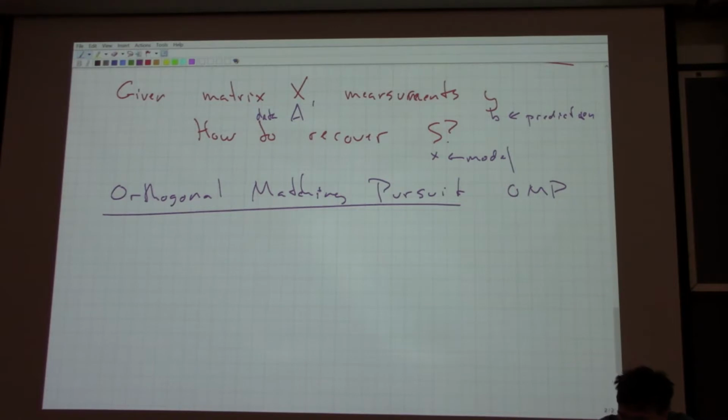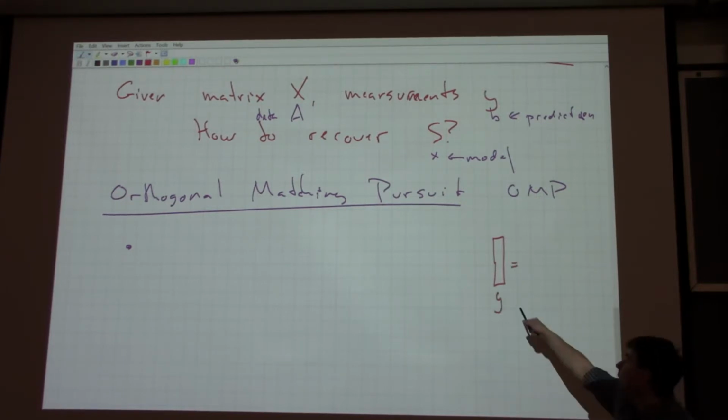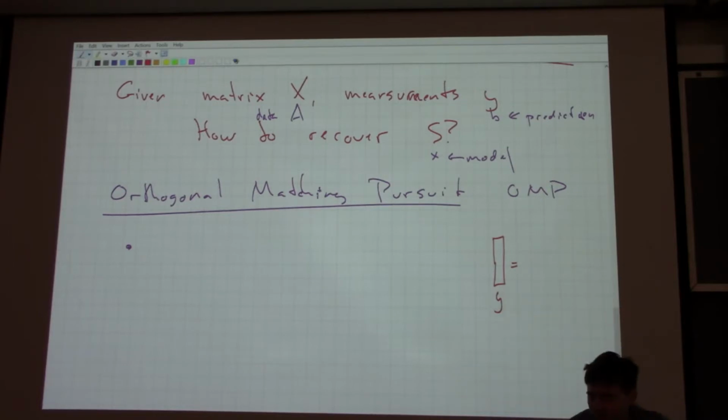So the first step is I'm going to find this column of X. Let me write a picture here now. I'm going to have the signal, this is going to be Y. These are the measurements I'm getting out.